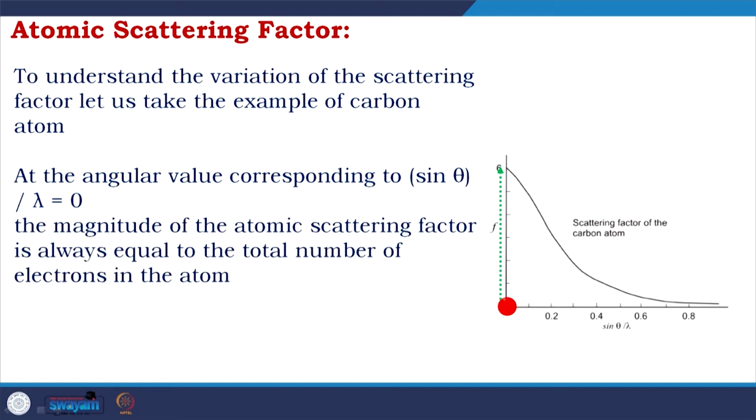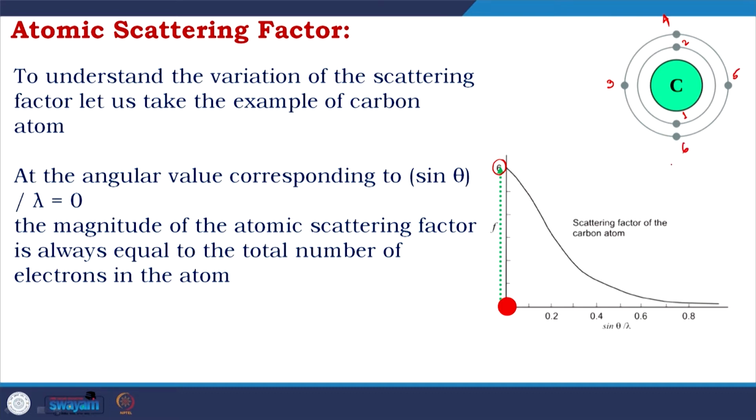The magnitude of the atomic scattering factor is always equal to the total number of electrons. Here the number is 6, and carbon has 1, 2, 3, 4, 5, 6 electrons: 1s2, 2s2, 2p2.